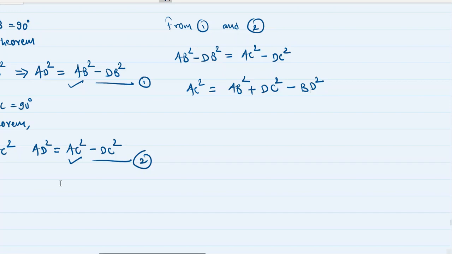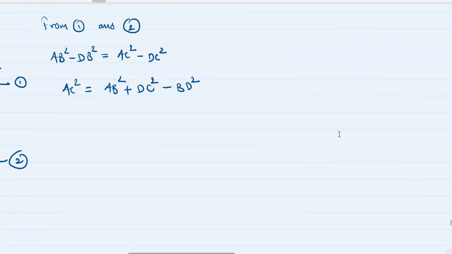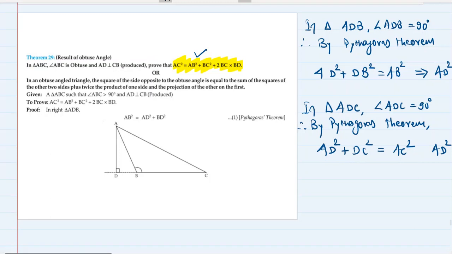Okay, now again I'm going to ask you what is missing over here. BC square is missing, so we need to do something about that BC square. It's very tough to put in words, but the term which you get over here is, let's say, 2BC into BD.